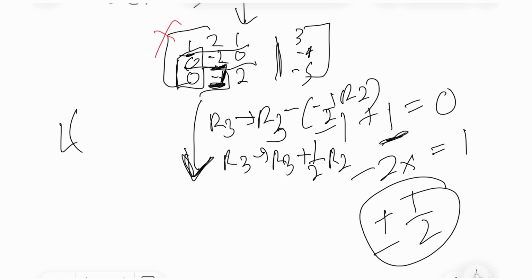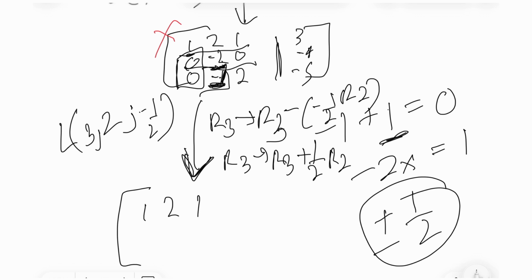What are we doing? Taking the second row, subtracting from the third, and we're doing minus 1 by 2. So 1, 2, 1, 3. Multiplying this by minus 1 by 2, we get minus 2 into minus 1 by 2. This becomes 1. This is 0.